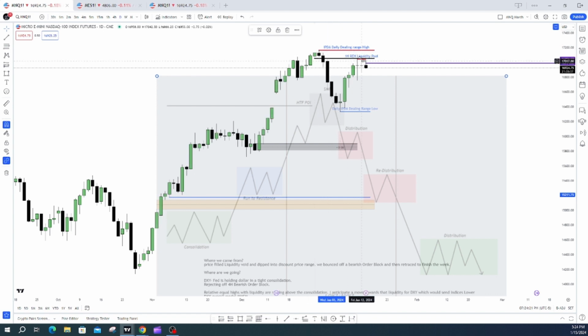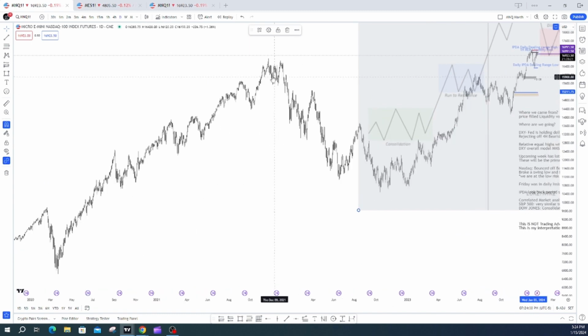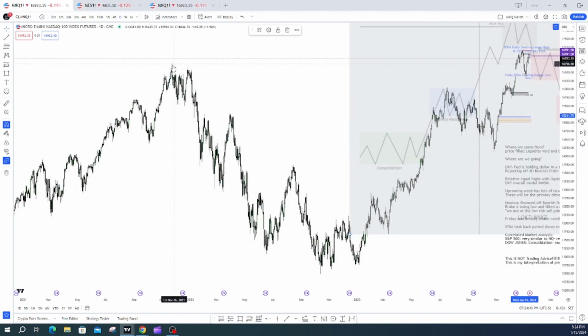And essentially what this is, large institutions and bank traders are protecting their positions above this high. This high is the highest the market has ever gone. If I zoom out here, this right here used to be the highest high that happened in 2021.